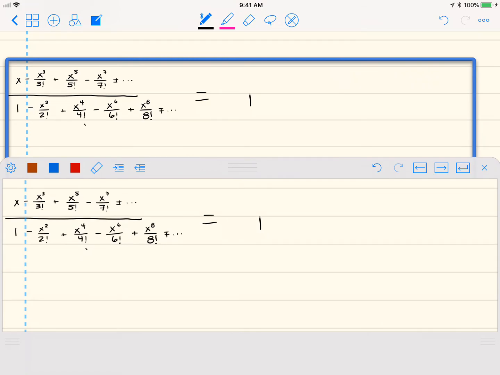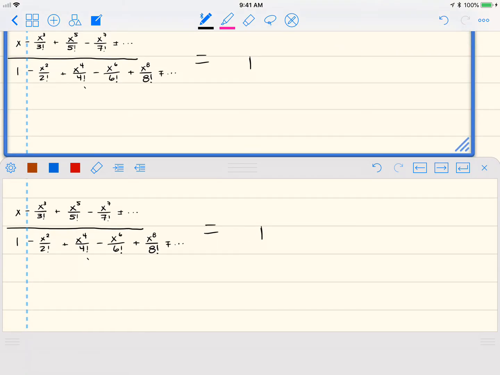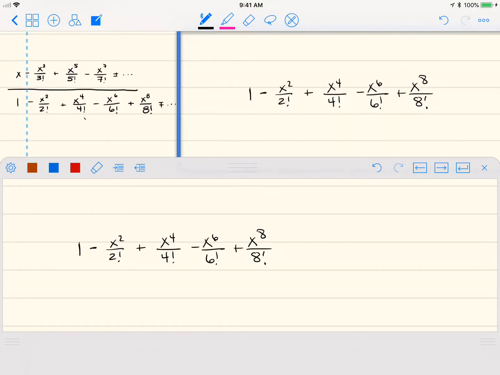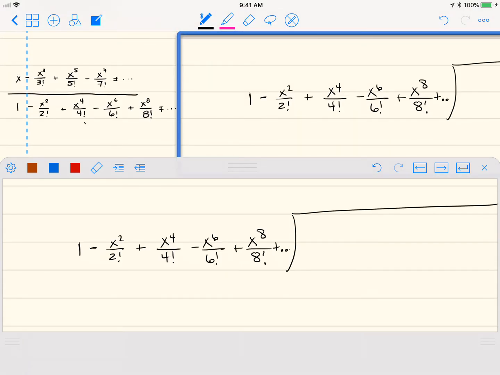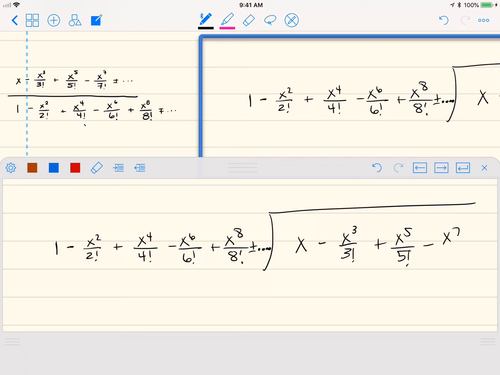So it's going to be equal to 1 minus x squared over 2 factorial plus x to the 4th over 4 factorial, x to the 6th over 6 factorial plus x to the 8th over 8 factorial plus dot dot dot, divided into x minus x cubed over 3 factorial plus x to the 5th over 5 factorial minus x to the 7th over 7 factorial plus minus dot dot dot.